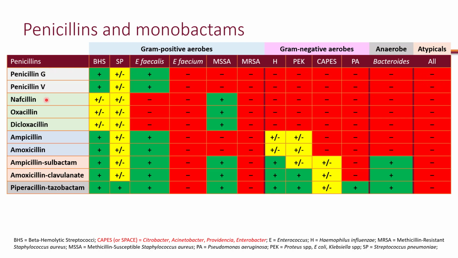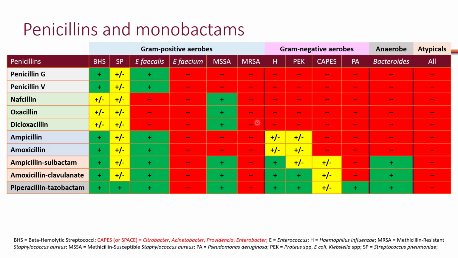Now, the next set of penicillins are referred to as anti-staphylococcal penicillins. So these are nafcillin, oxacillin, dicloxacillin. These are colored the same just to help you navigate this chart. So the 3 have identical spectrum of activity. Now, they are called anti-staphylococcal penicillins because they have activity against MSSA.